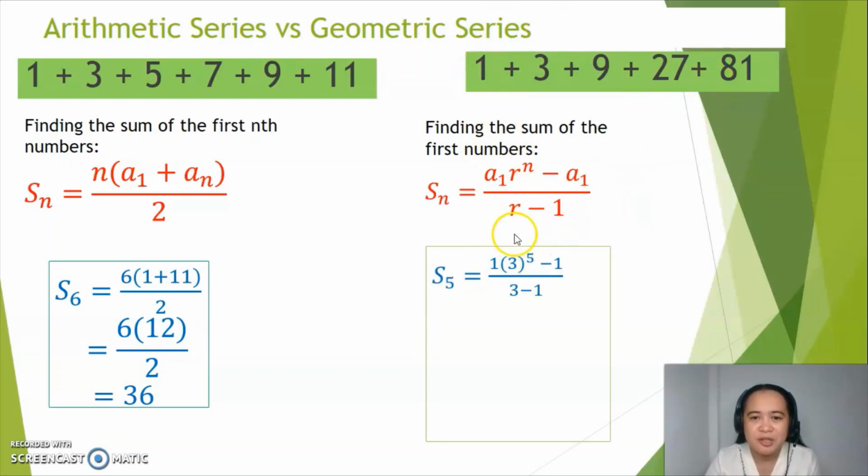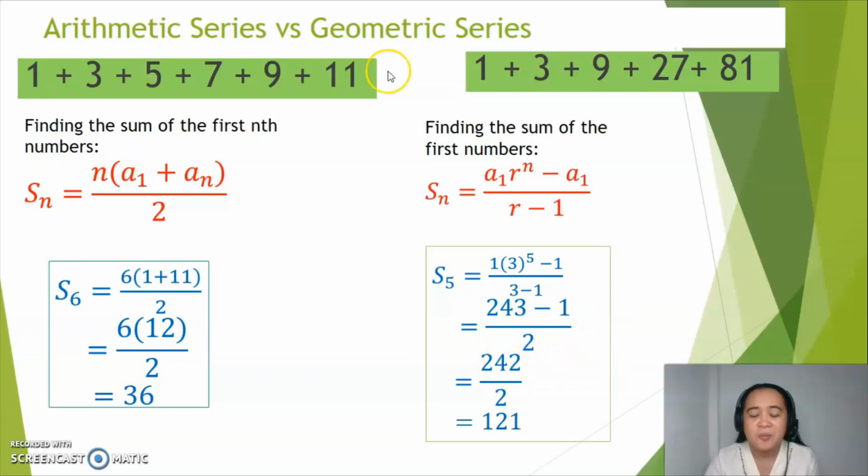So this would be, first term is 1, common ratio is 3, and this would be 3 to the power of 5 minus 1 over 3 minus 1. So 3 to the power of 5 is 243, minus 1, divided by 2. So we'll end up with 121. So take note of the formula in finding the first n numbers for arithmetic series and for geometric series.